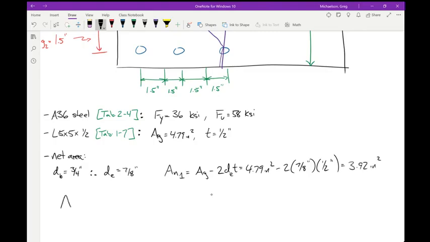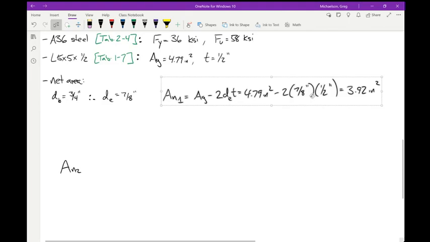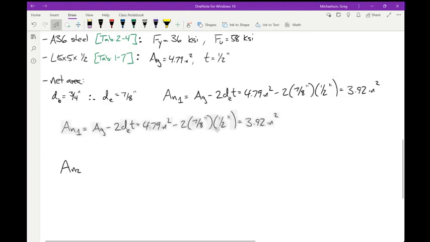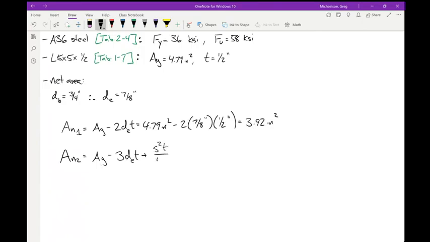And then, okay, our second formula, maybe let me do this. I'm going to cheat here a bit. I'm going to drag this down, move this down here, because our second formula is going to be a little bit more involved, right? We're going to take the gross area, subtract 3 bolt holes, but add 2 stagger factors, but they're different.